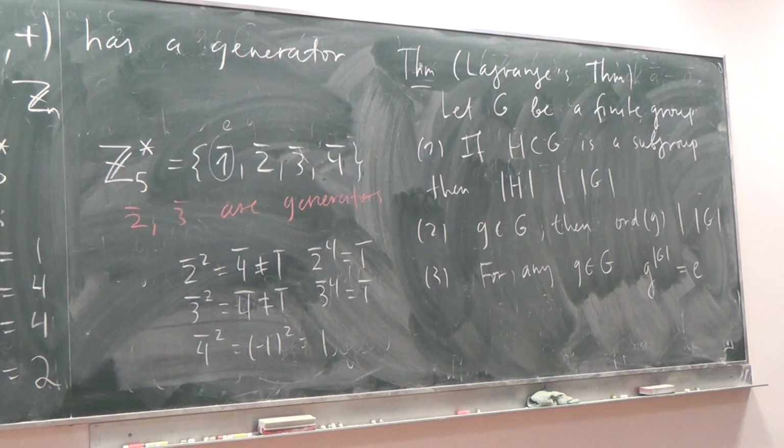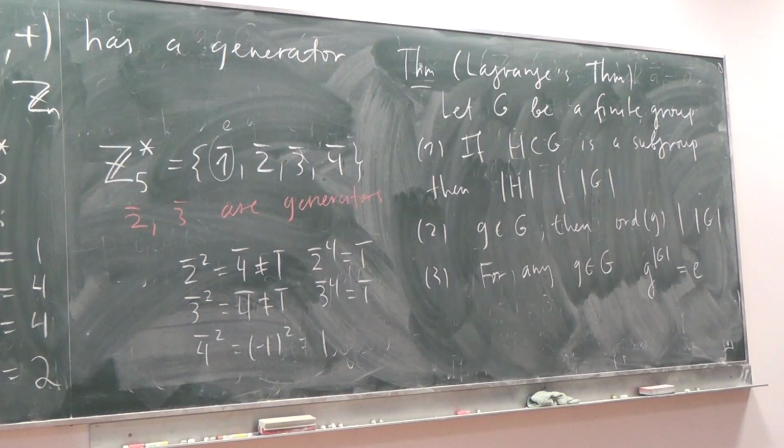So if I take an element, I say let H be the subgroup spanned by this element, so set of powers like this. And then what happens is that the order of G, which is equal to the order of the subgroup it generates, will divide G by, here we use part 1. So I just look at a particular kind of subgroup and use 1. And this is the order.